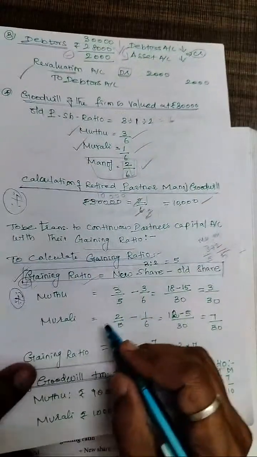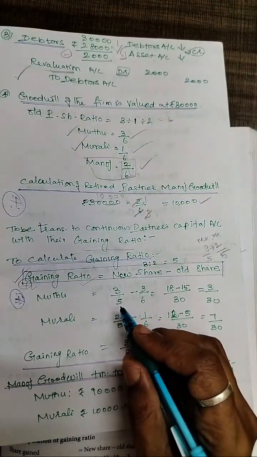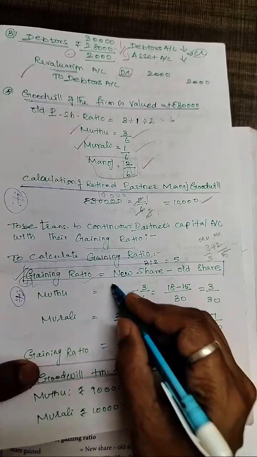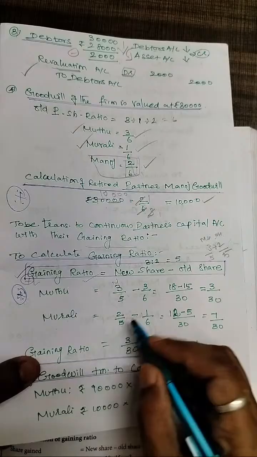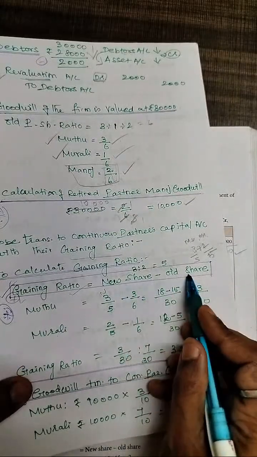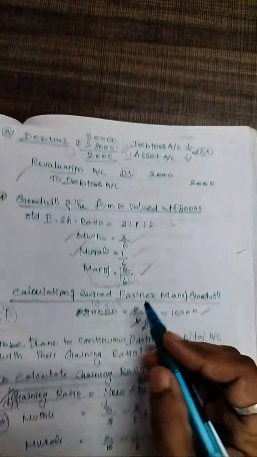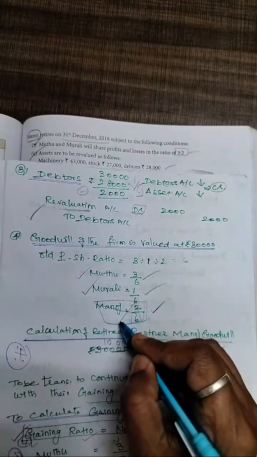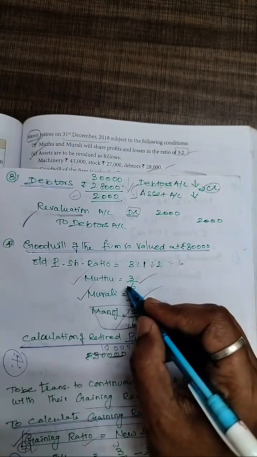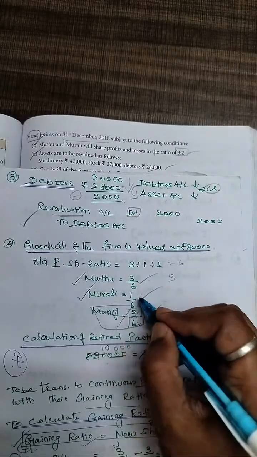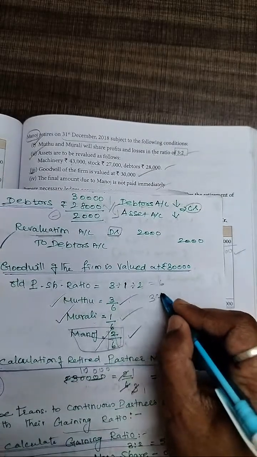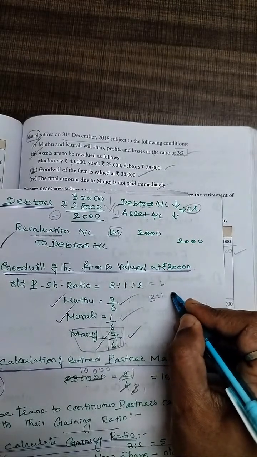This is the new profit sharing ratio. The format is new share minus old share. What is their old share? After Manoj retired, Muthu's old share is 3 and Murali's old share is how much? 1.